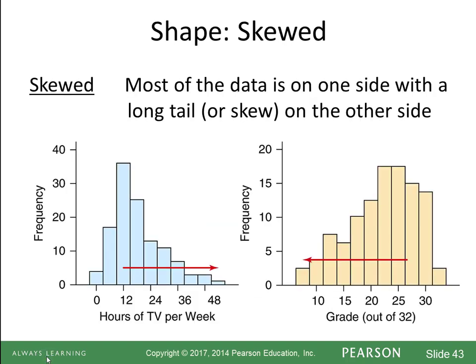When it's skewed, remember our dinosaur, it trails off. This one trails off to the right. This one trails off to the left. So the blue one is right skewed, the tan one is left skewed.